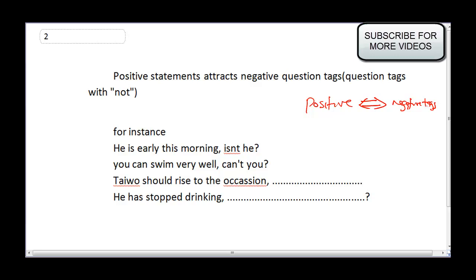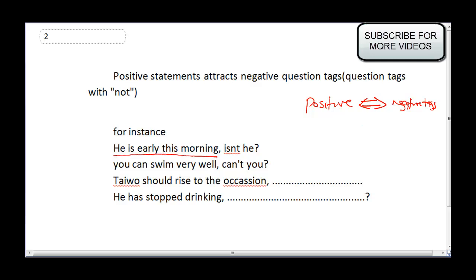And when we get to the negative statement, they will attract what? Positive tags. Now, recall we said the positive statements do not have words like no, not, never. For instance, a positive statement is: He is early this morning.